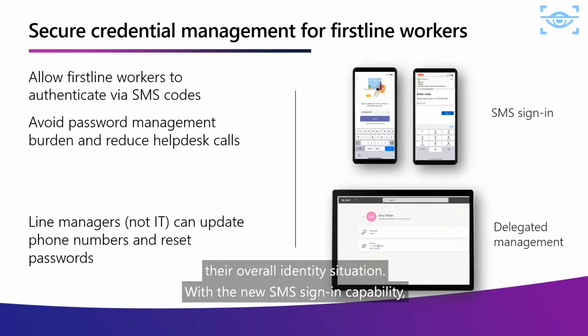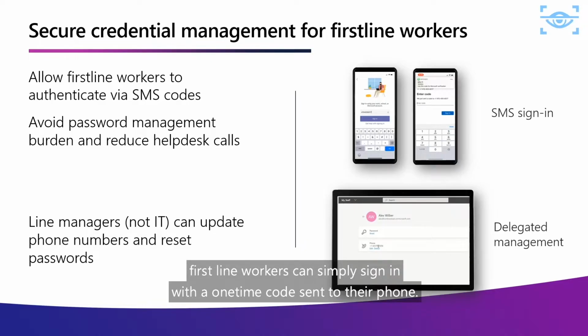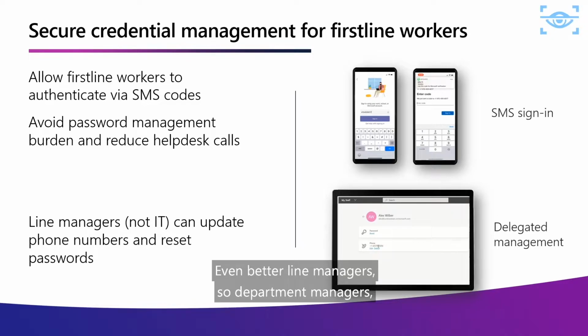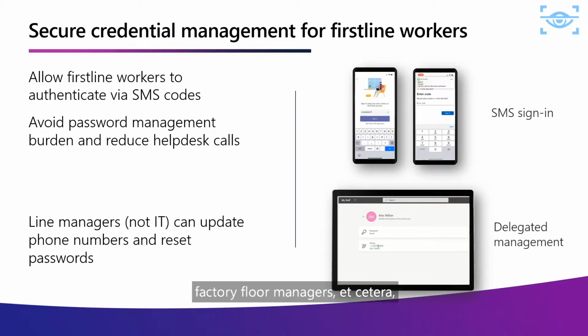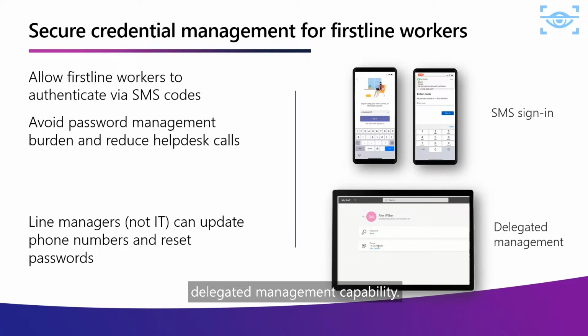With the new SMS sign-in capability, first-line workers can simply sign in with a one-time code sent to their phone, very similar to what they might do for a social media app or even an online finance app. Even better, line managers, so department managers, factory floor managers, etc., not IT, can actually update phone numbers and reset passwords through our new delegated management capability.